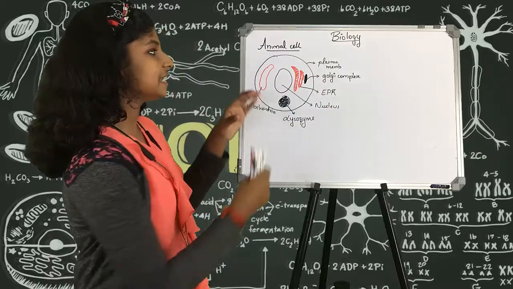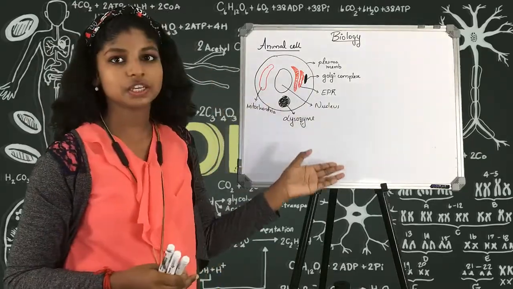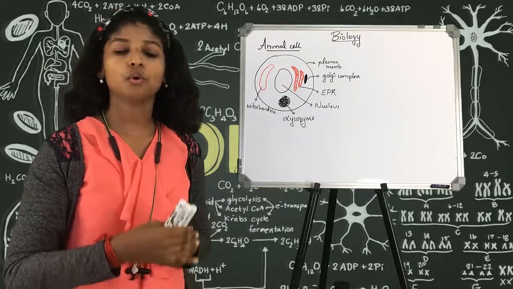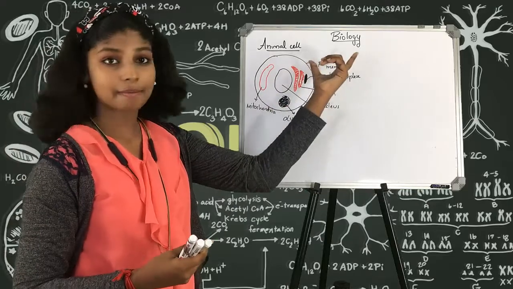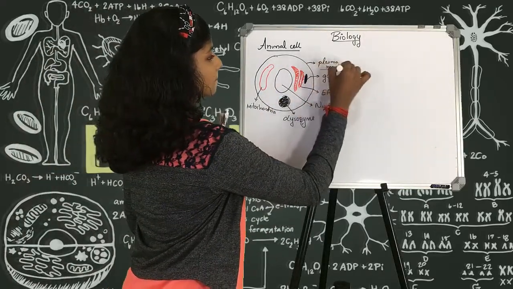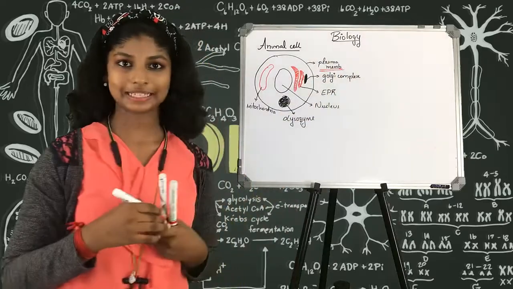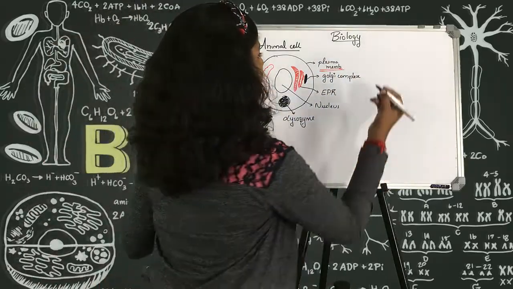The first thing is the outer covering, right? So in this video, we will be looking more at the outer covering, which is known as the plasma membrane. Moving on to the plasma membrane.